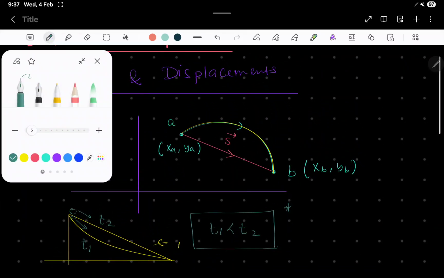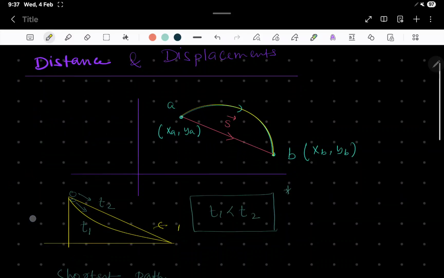Another thing: let's analyze mathematically what distance and displacement are.